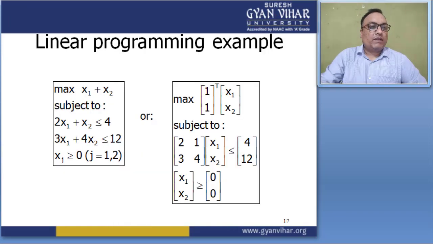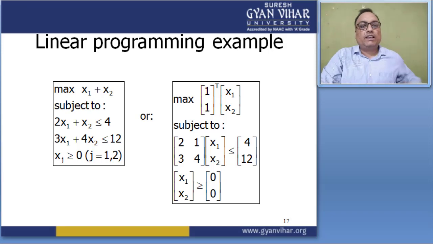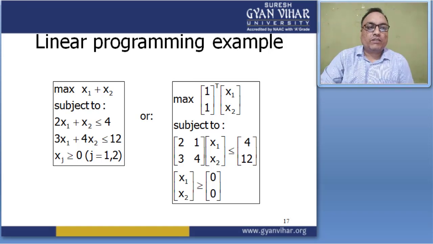But if I consider the maximum case, the LP example is here. This is the maximum case problem in x1 and x2, subject to 2x1 plus x2 less than or equal to 4 and 3x1 plus 4x2 less than or equal to 12, and xj greater than or equal to 0 for j equal to 1, 2. The objective is the maximum of the vector 1, 1 transposed times x1, x2.